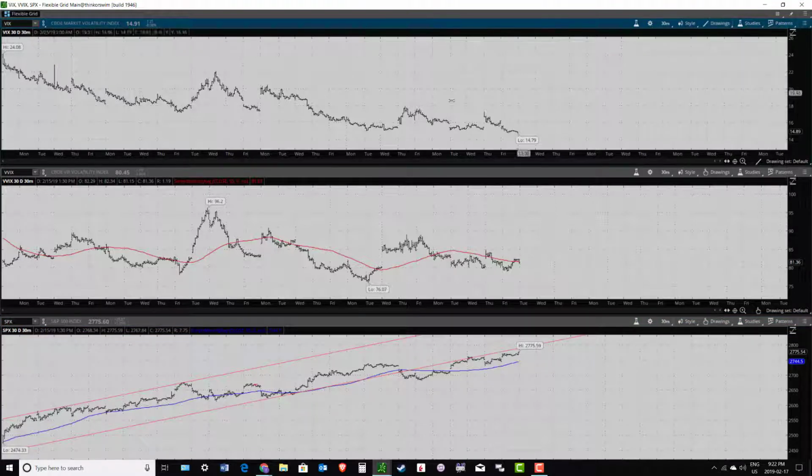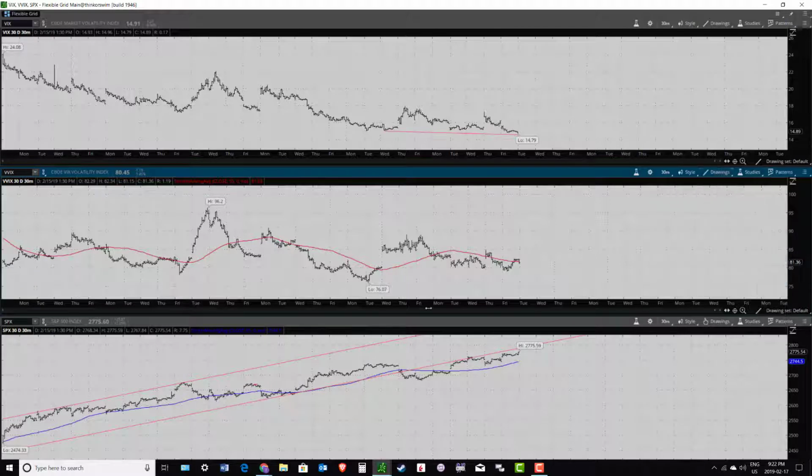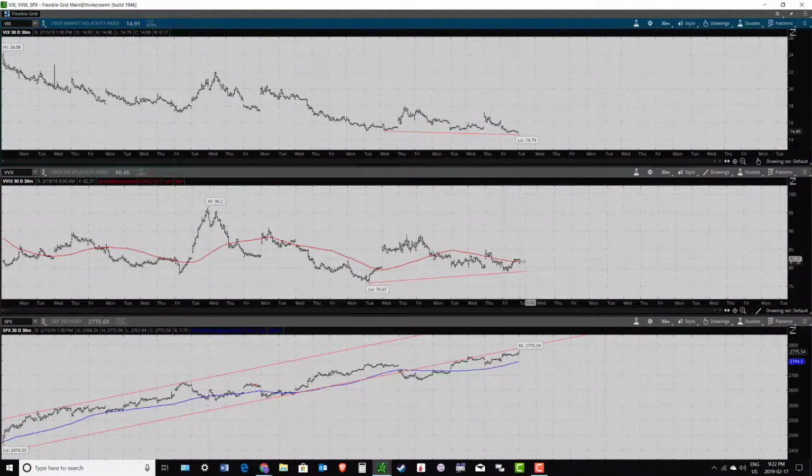So the first step, we have the VIX VVIX divergence. So VIX making a new low, but VVIX making a higher low. So that's the VIX VVIX divergence.